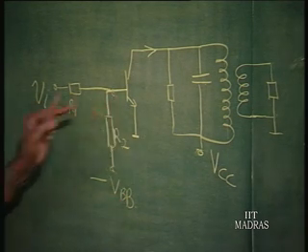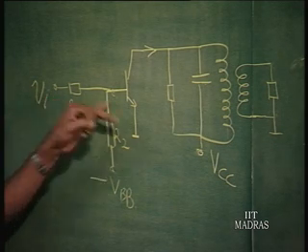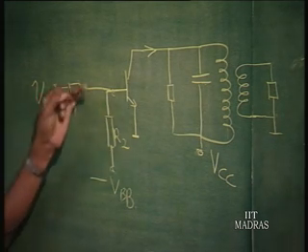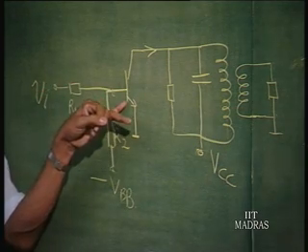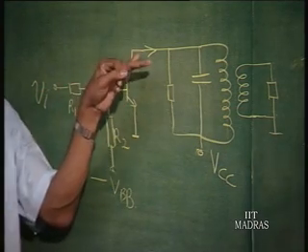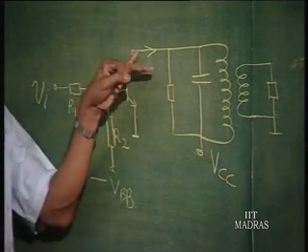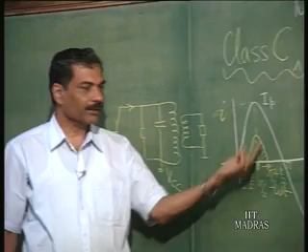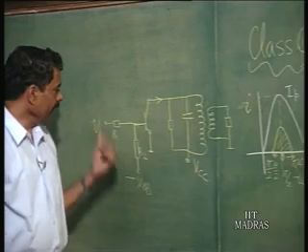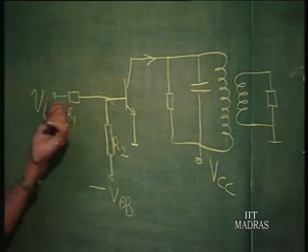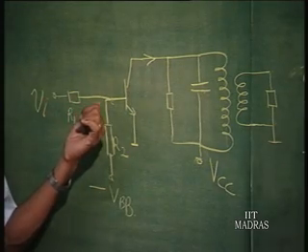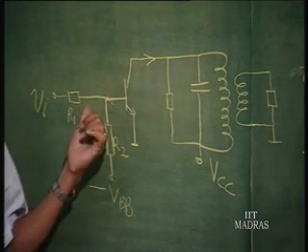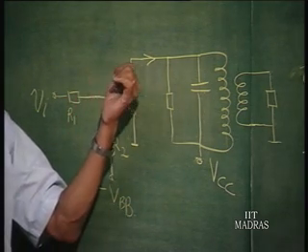And the moment it conducts, there is going to be a current injected here, signal current injected, which is essentially made to flow into the transistor base, and base current times beta is the collector current. It is going to therefore conduct only during part of the time. So, if VI is sinusoid, the base current waveform is going to be sinusoid, and therefore, we are perfectly justified in assuming linear relationship between the base current and the collector current.